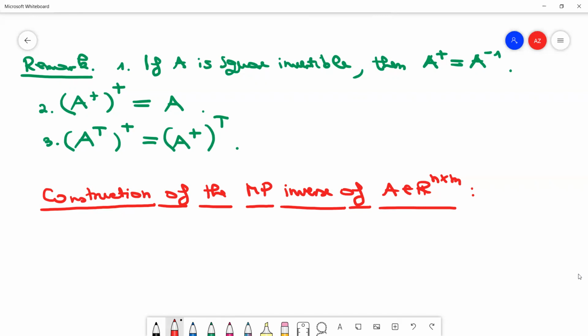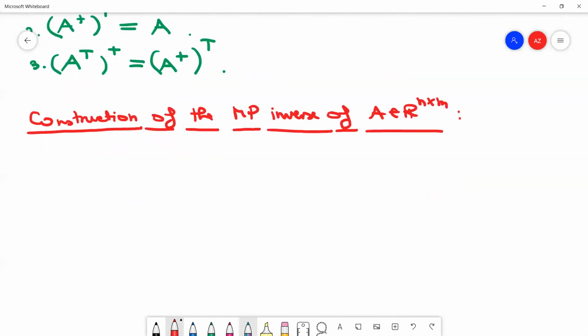And probably you know that if we have big matrices, then calculating eigenvalues is a hard task. So if possible, we would like to calculate the Moore-Penrose inverse without SVD decomposition. And this will be possible in the following three cases.